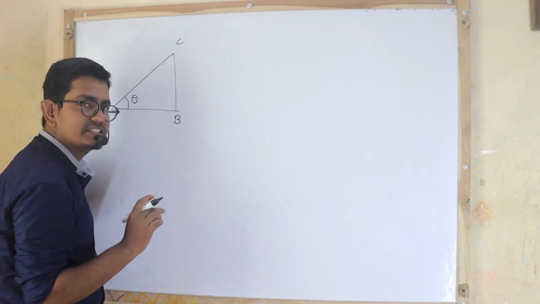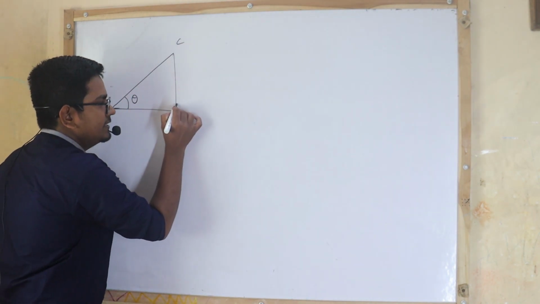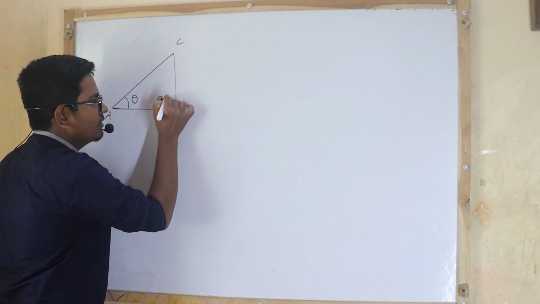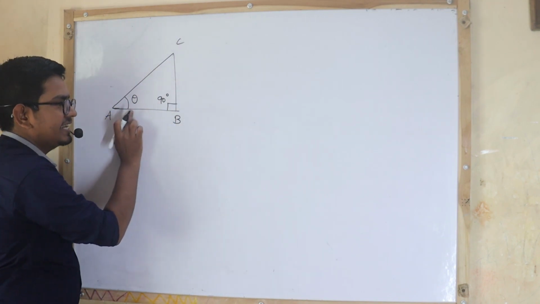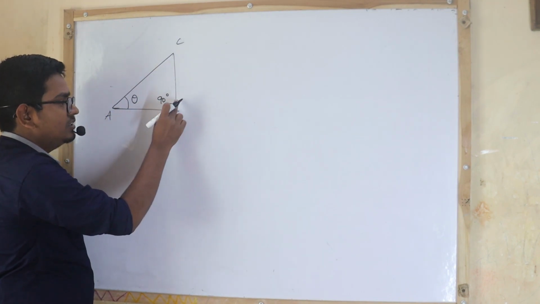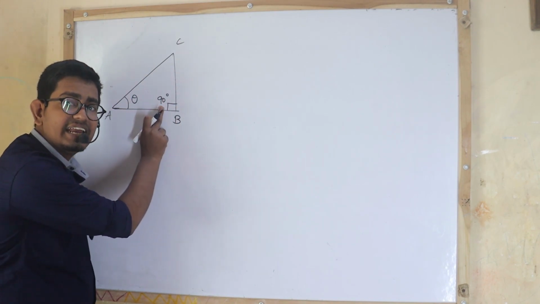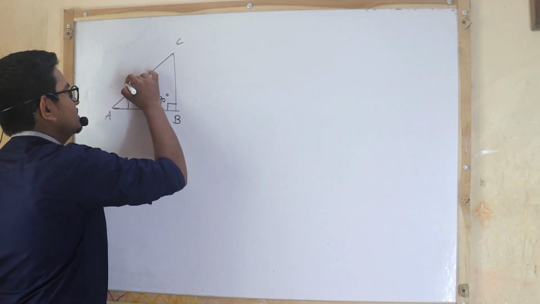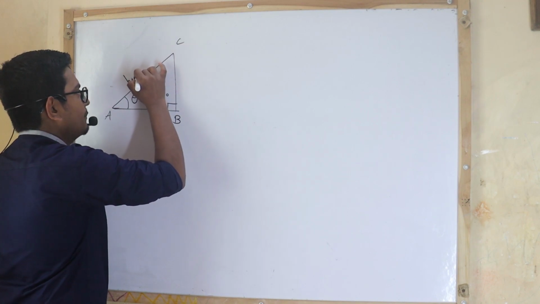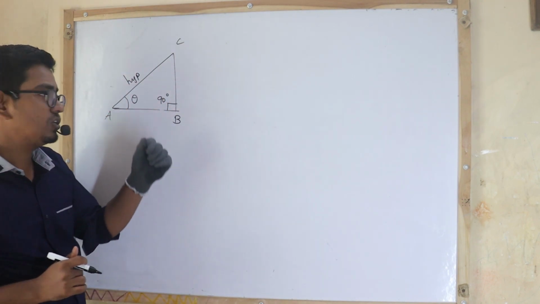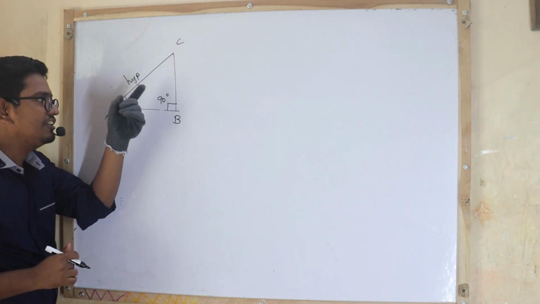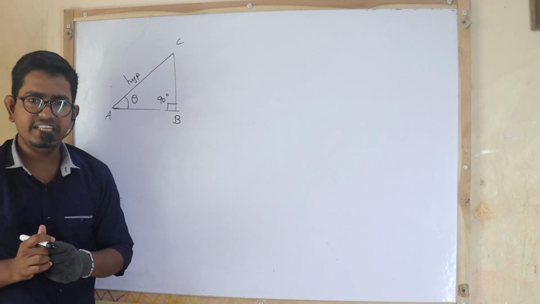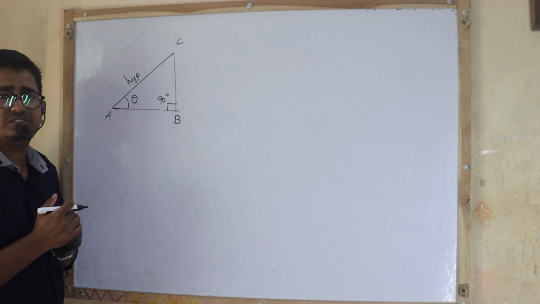First we should mark the hypotenuse side. It is the 90 degree, right? It is a right angle triangle, therefore these two lines make an angle of 90 degrees. So this side will be known as the hypotenuse side, because this side is exactly facing the 90 degree angle.